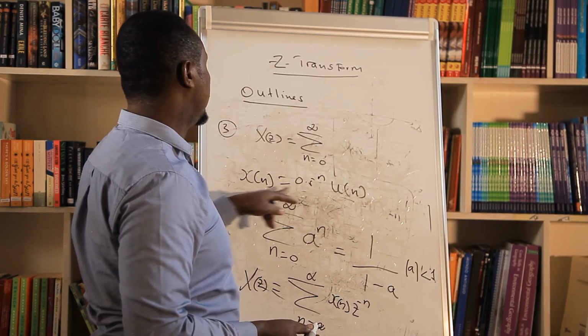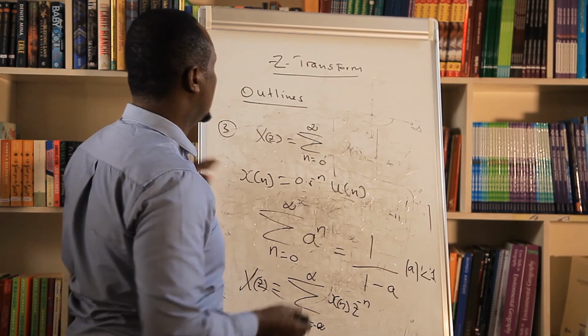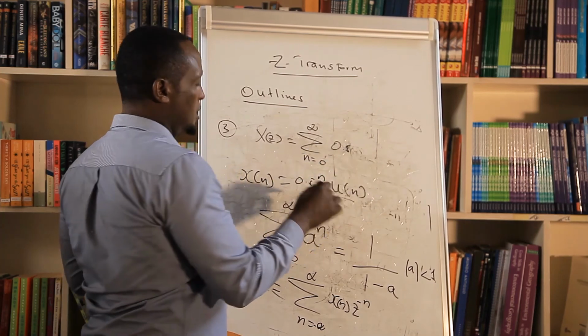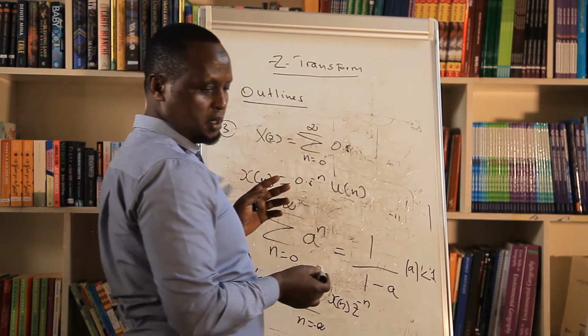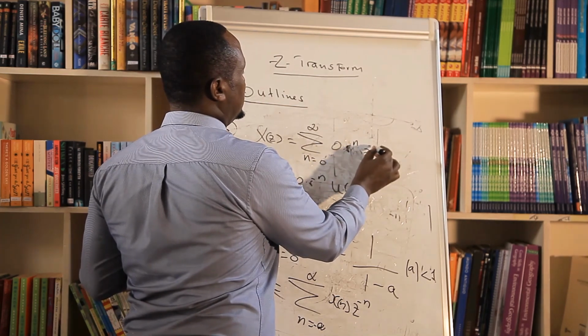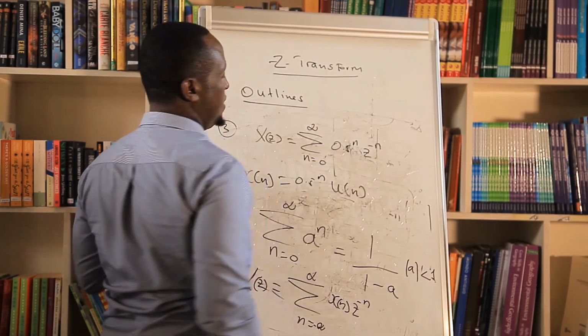So our x of n corresponds to this. So we are going to take 0.5, then we power n, times z power negative n.